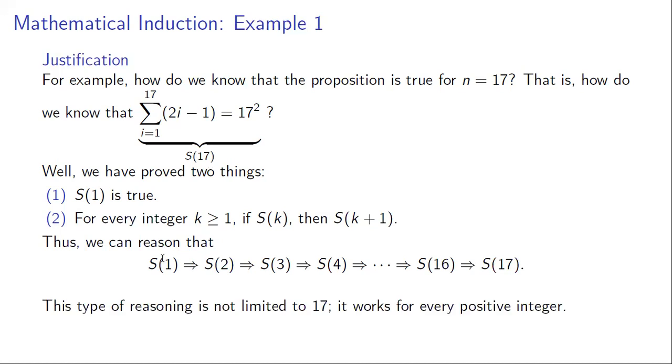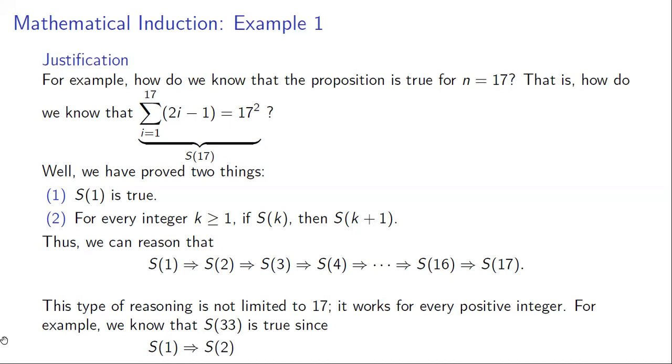But of course, this type of reasoning is not limited to 17. It works for every positive integer. For example, how do we know that S of 33 is true? How do we know that the sum from i equals 1 through 33 of 2i minus 1 is equal to 33 squared? Well, same reasoning. We know S of 1 is true. We proved that. If S of 1 is true, then S of 2 must be true.